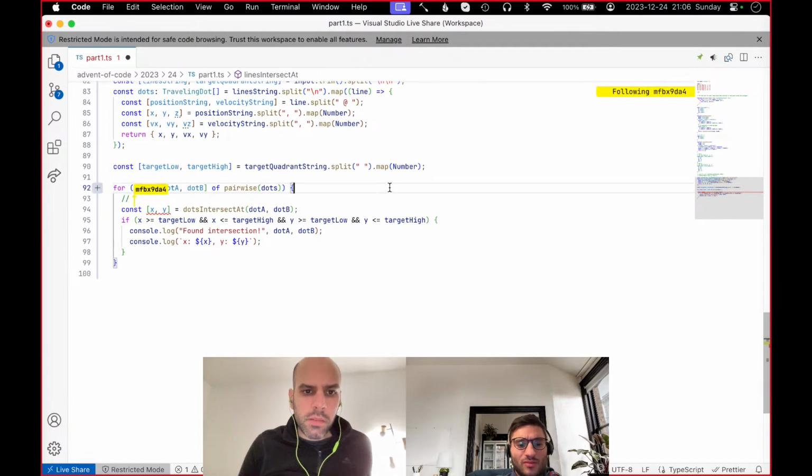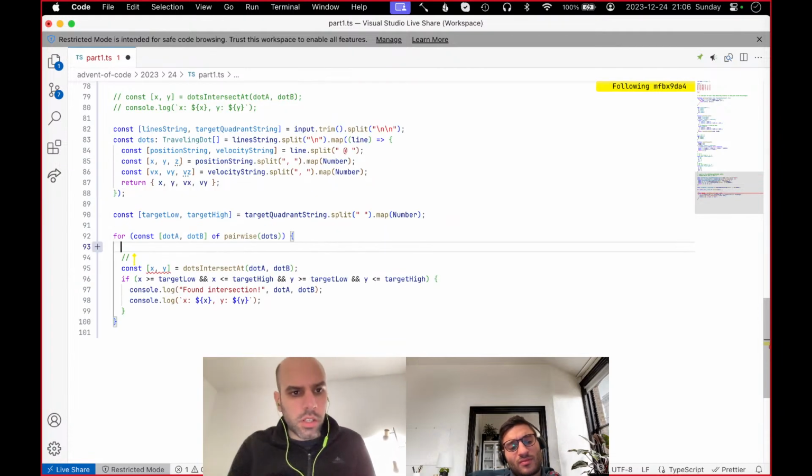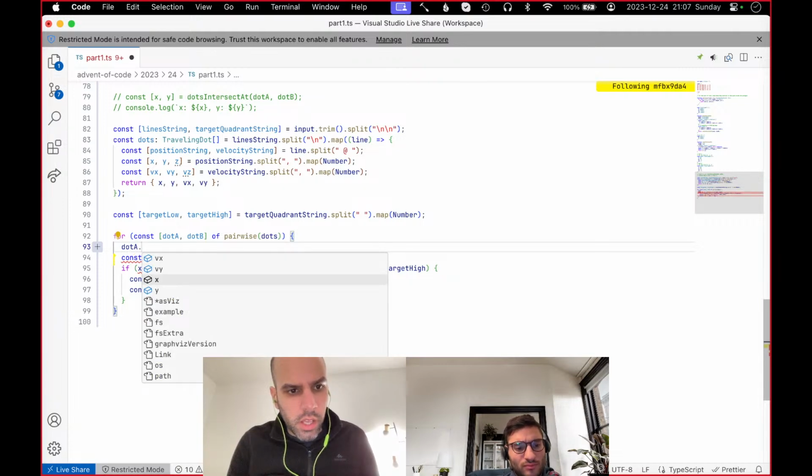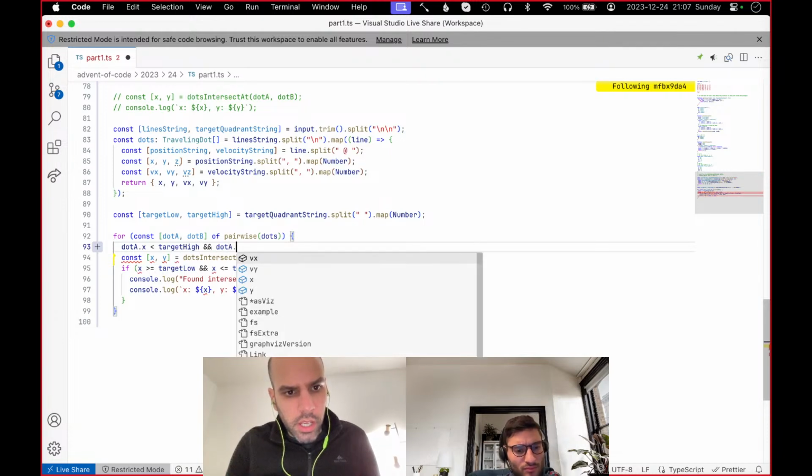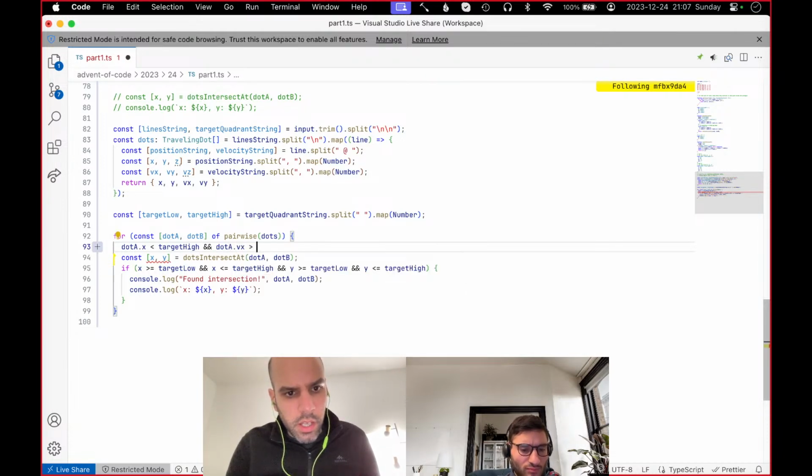I think that there may be a simpler solution here. We could just look at dot a x is less than our target high and dot a vx is positive.